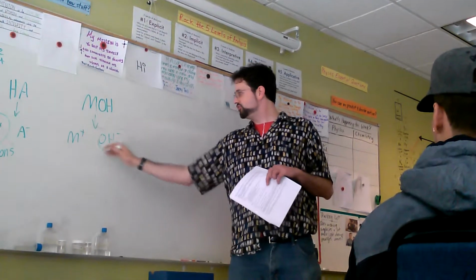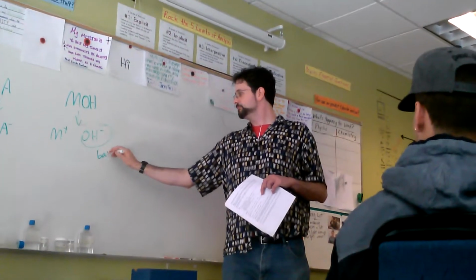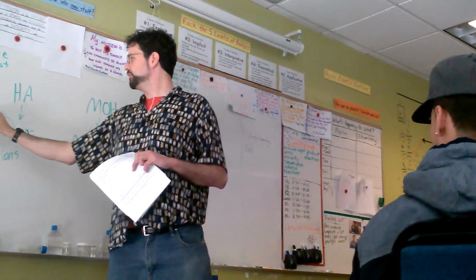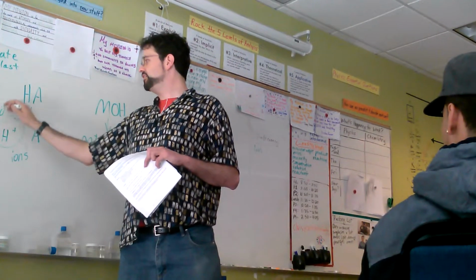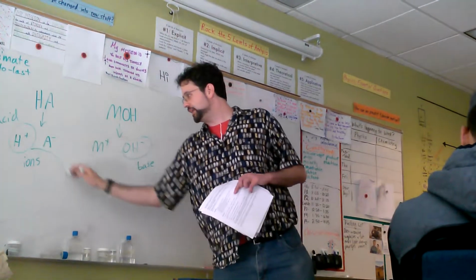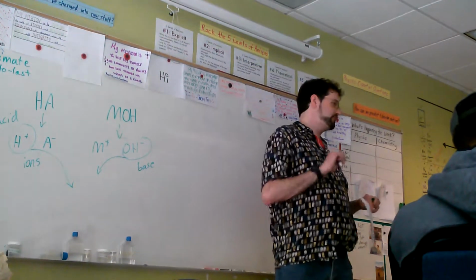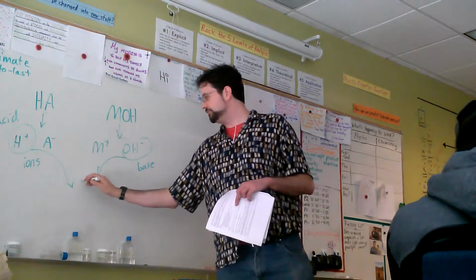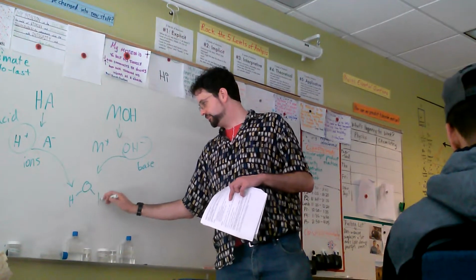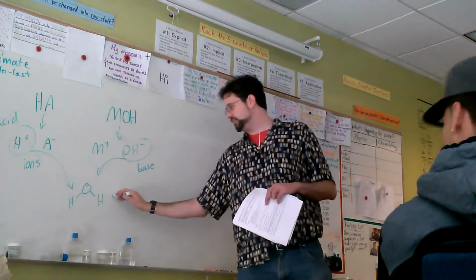And it's the OH minus that makes it a base. So, when you have an acid and a base and you put them together, the H plus from the acid combines with the OH minus from the base, and they make water. And this is called neutralization.